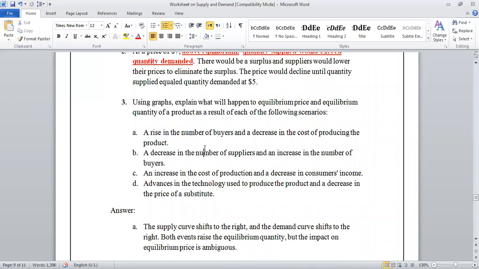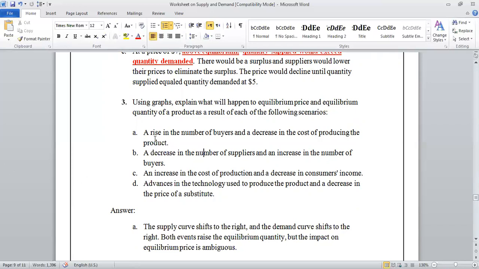What are you going to do even without reading these questions? Again, we said we have 3 steps. Number 1, graph your supply and demand and show equilibrium. Number 2, ask yourself, is this a shift in demand or a shift in supply or a shift in both. And step number 3, show the new equilibrium.